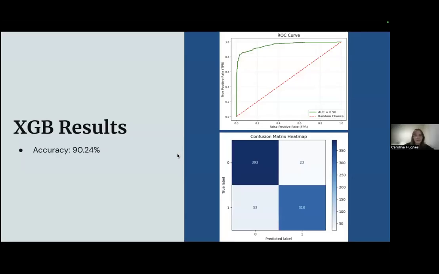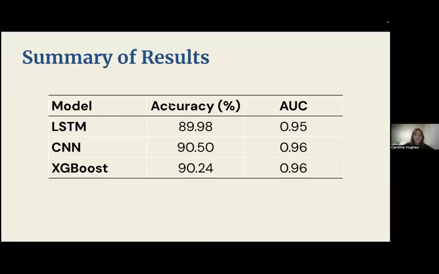So here are the results of XGBoost. The area under the curve was, again, 0.96, which is the same as it was for the CNN, but the accuracy was just a little bit lower at 90.24%. And if we consider that this is a lot computationally cheaper than the CNN, then this one performed pretty well.